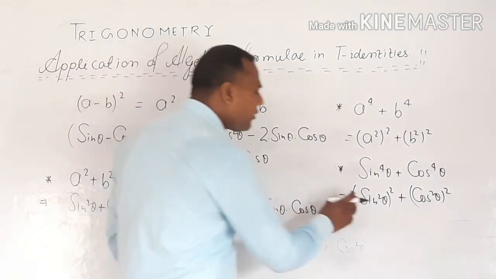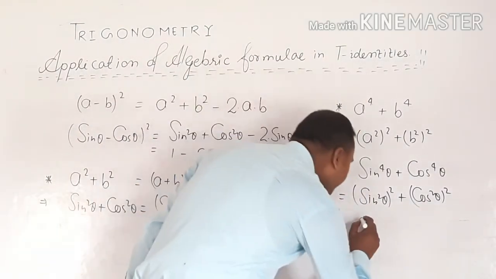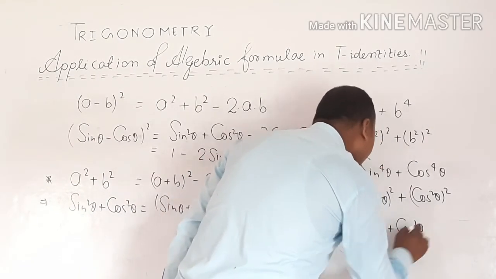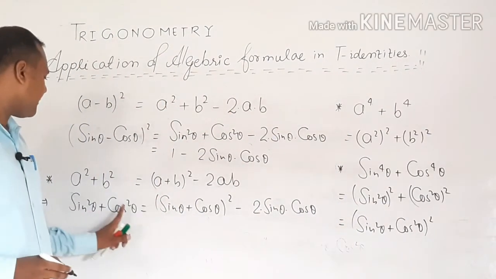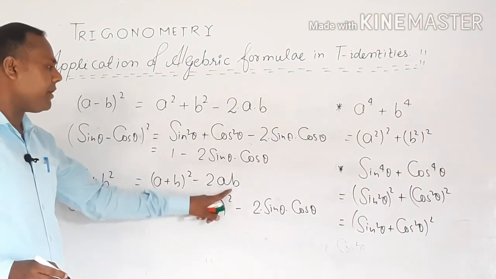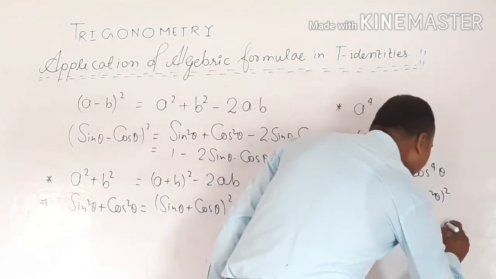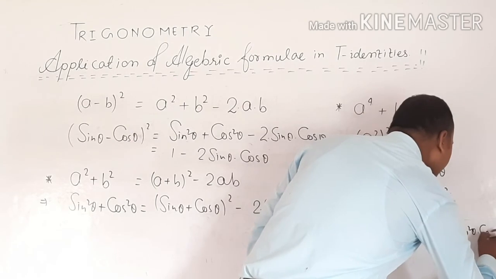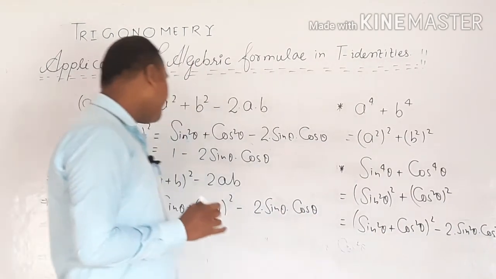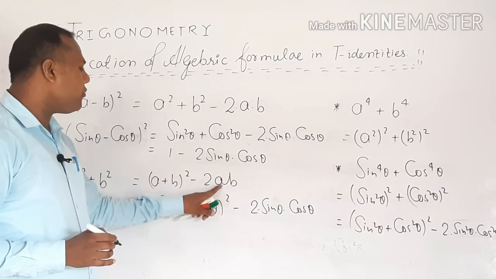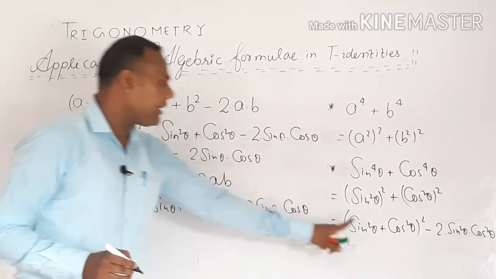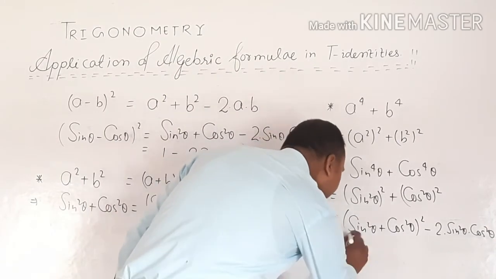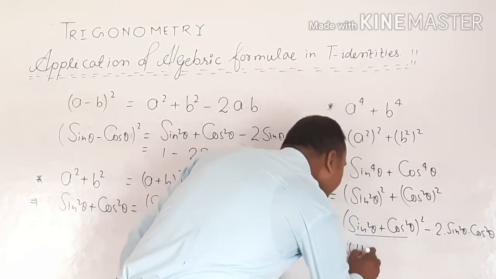That means we can also arrange it in this way: (sin²θ + cos²θ)², such as (a + b)² minus 2ab, minus twice of the first term into the second term, that means sin²θ into cos²θ. Here a means sin²θ, b means cos²θ. So this is 1, and 1 squared is always 1.